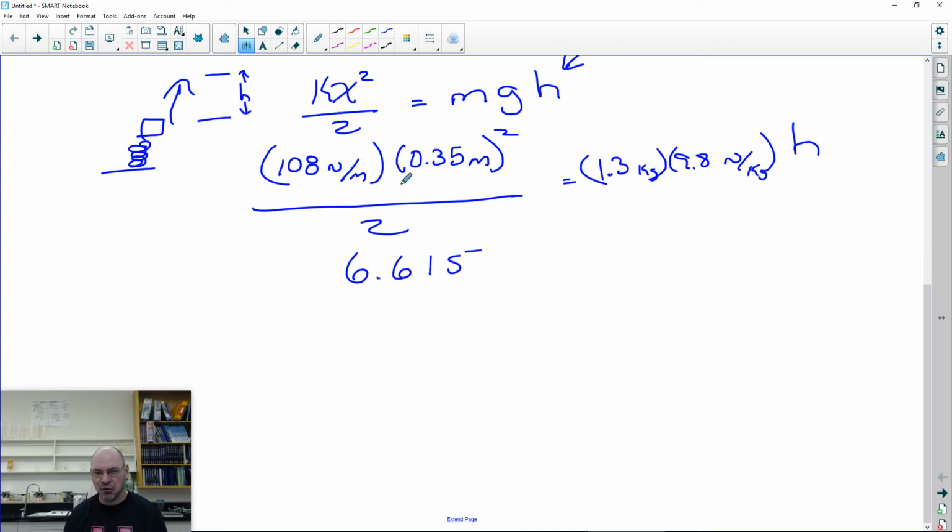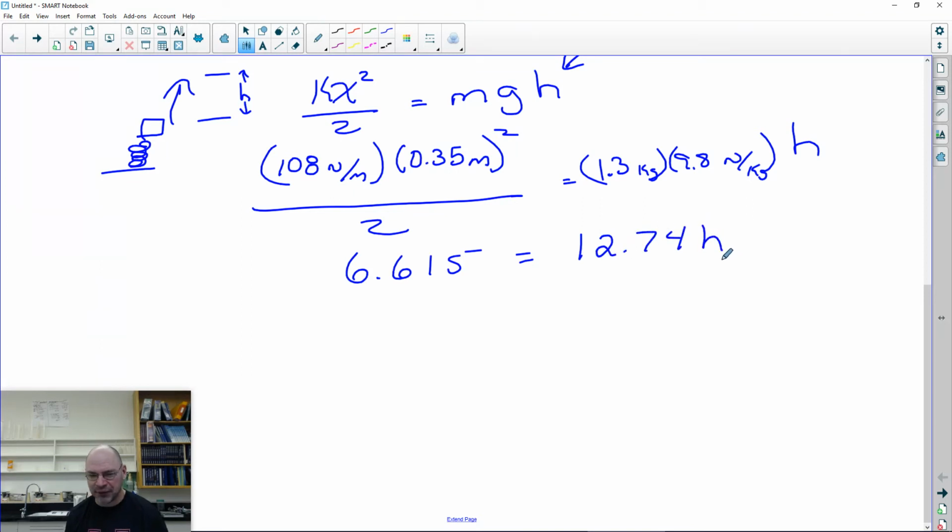If you want to do units, one of the meters squared would be Newton meters, which is the same thing as a joule. And this is going to equal 9.8 times 1.3, and that's 12.74 h.